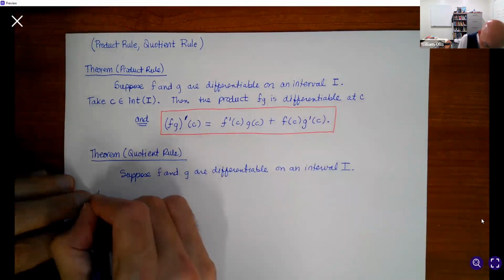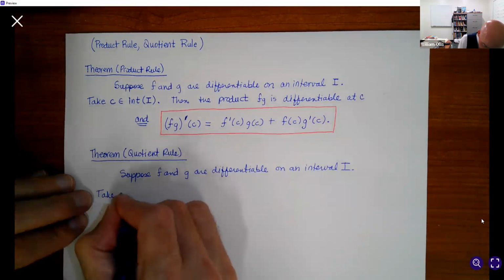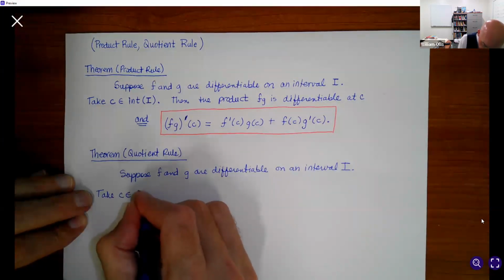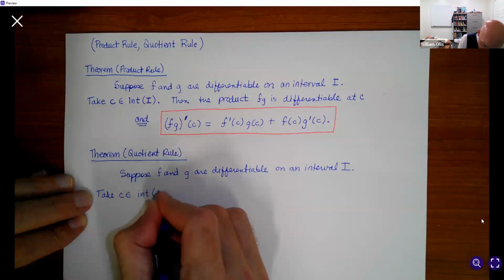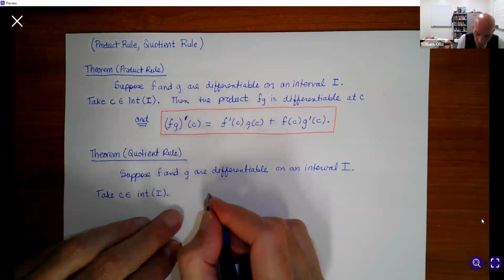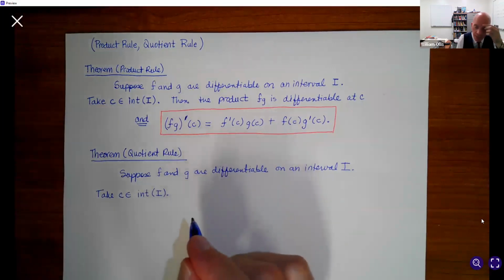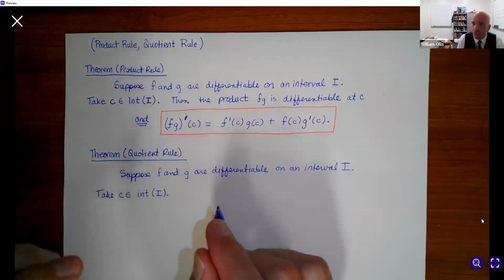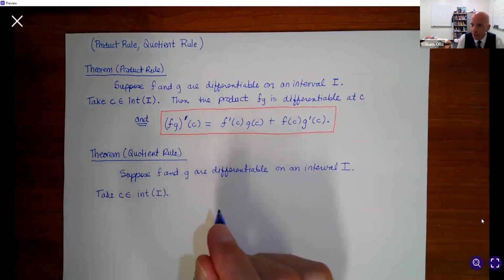So again, we will take c in the interior of I. And of course, what we're tacitly assuming here is that the quotient is well defined.